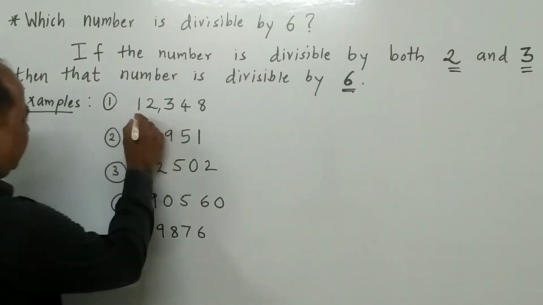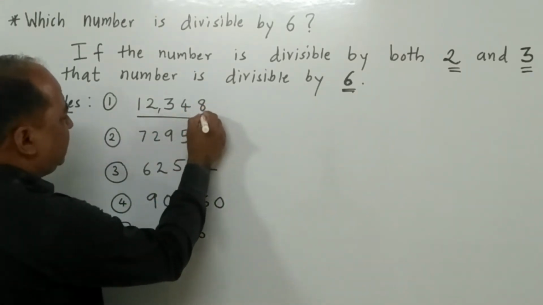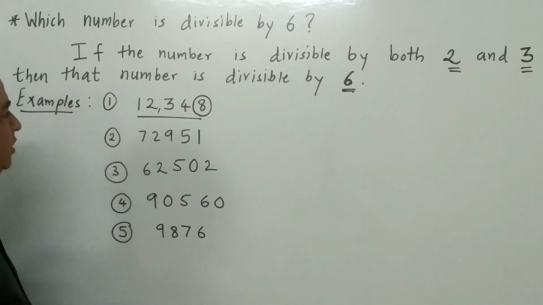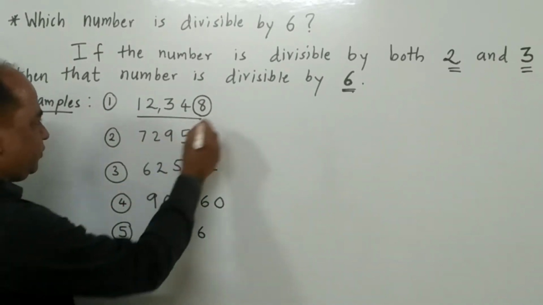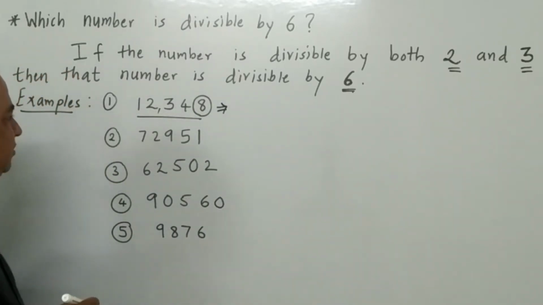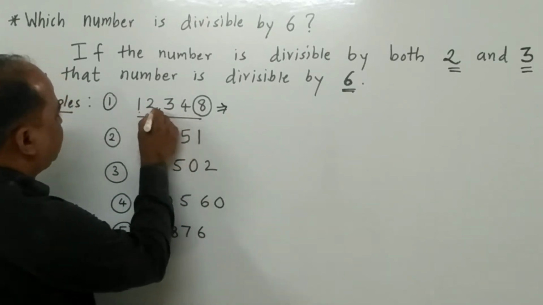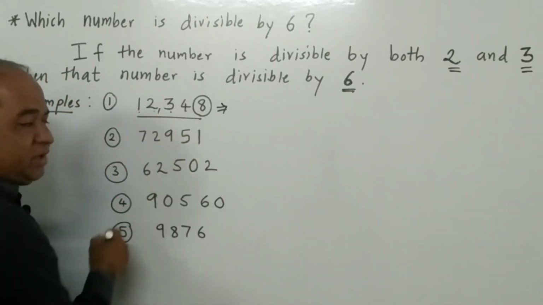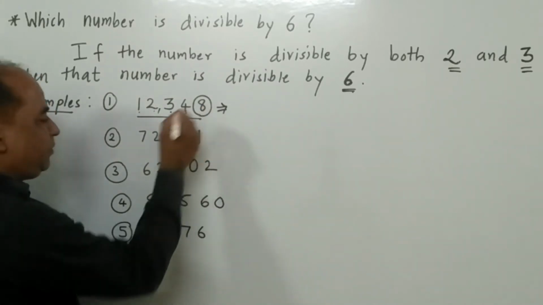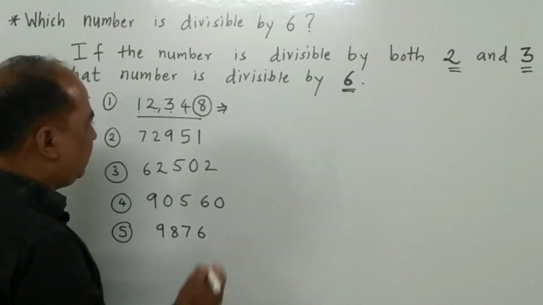So let us see, here the last digit is 8. So this number is divisible by 2. Now we have to check, is this number divisible by 3? So let us add the digits. 1 plus 2 is 3, 3 plus 3 is 6, 6 plus 4 is 10, 10 plus 8 is 18. 18 is a multiple of 3.